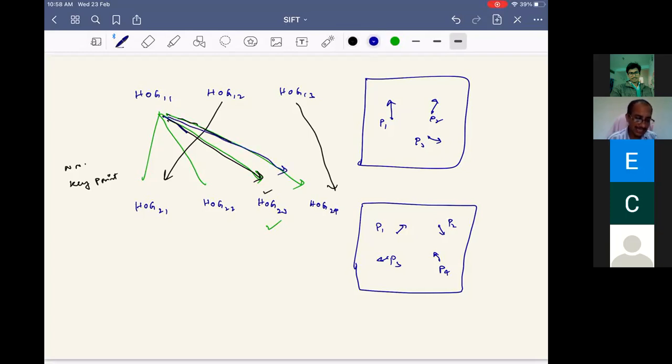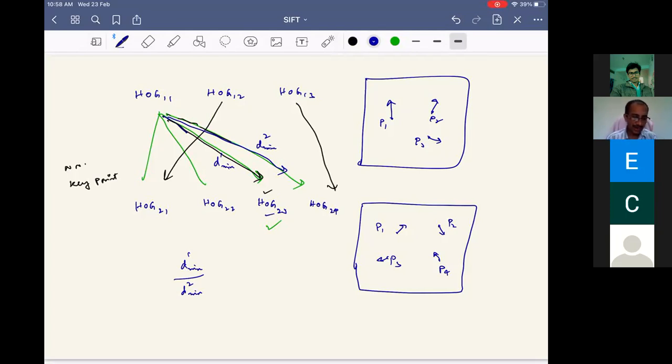So this distance is D minimum 1, but this is the next to D minimum, D minimum 2. To locate an ambiguous match, they look at D minimum 1 by D minimum 2. If the first point is very close, and the second point is also close to this, then what does it mean?